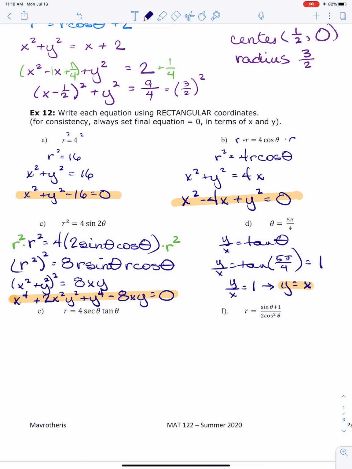E, r equals 4 secant theta tangent theta. I'm going to start by writing secant as 1 over cosine and tangent as sine over cosine. And so I definitely don't want those cosines in the denominator. I'm going to move them over to the left-hand side by multiplying both sides by cosine squared.